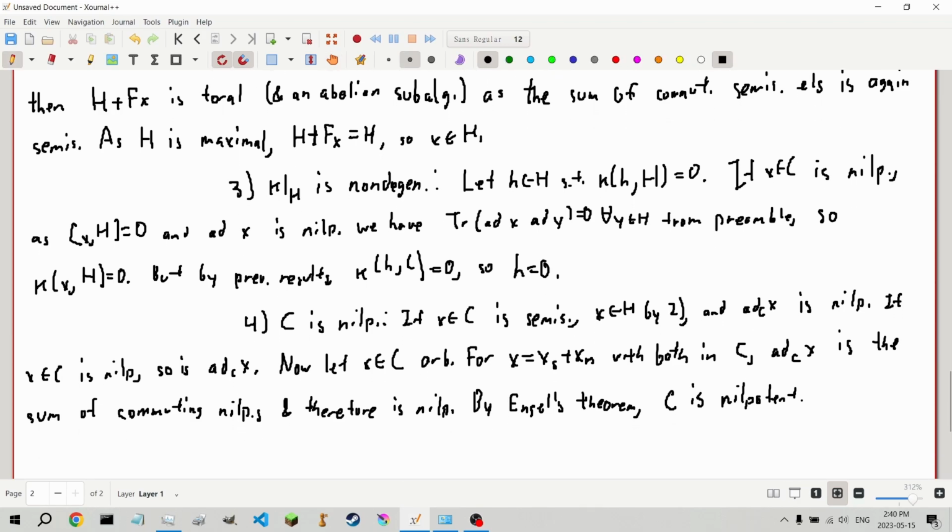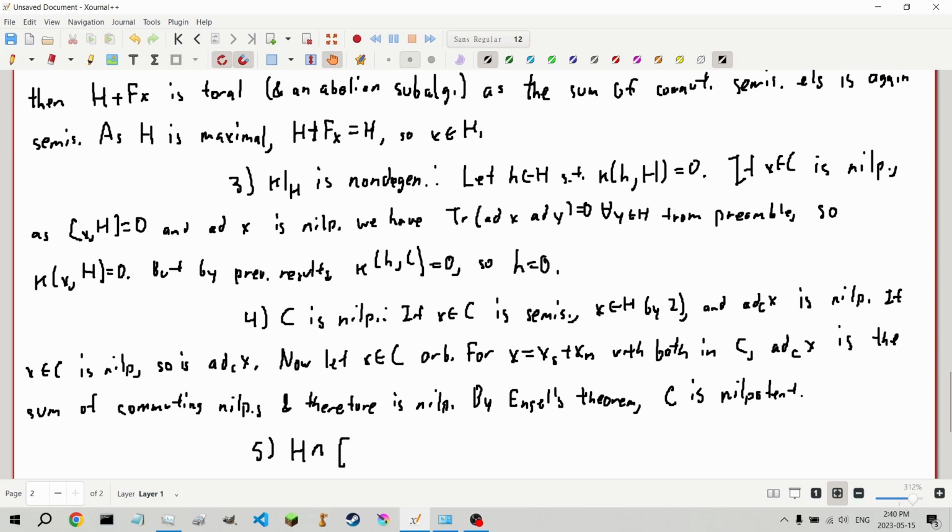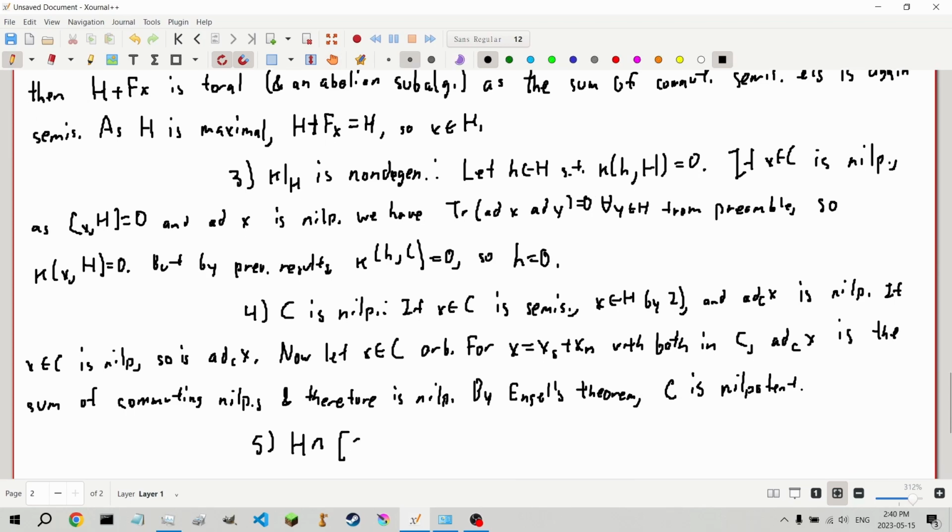Part 5 of 7 states that the intersection of our toral subalgebra with the derived subalgebra of the centralizer is 0.